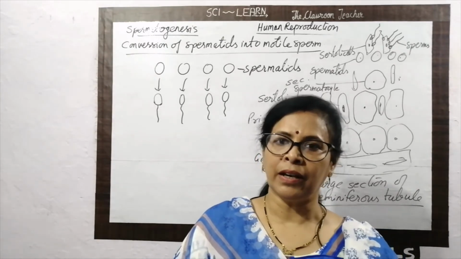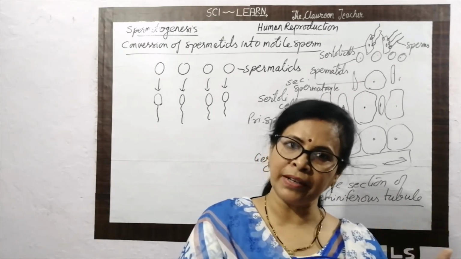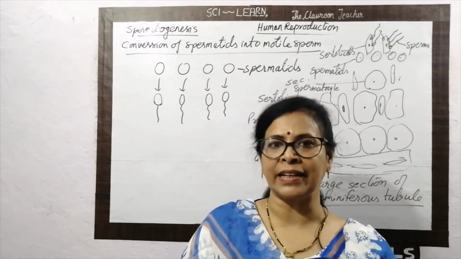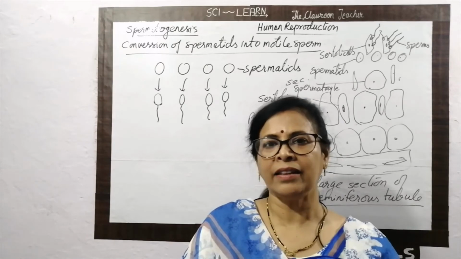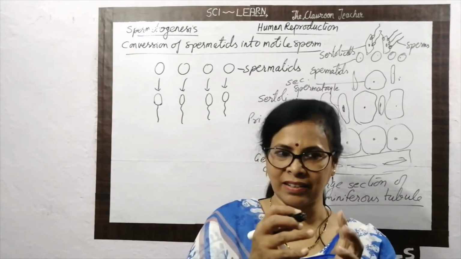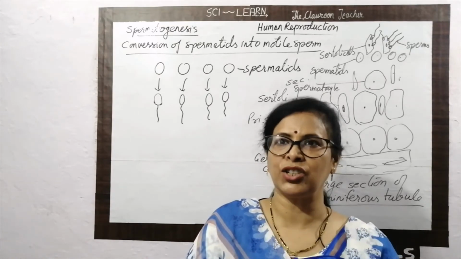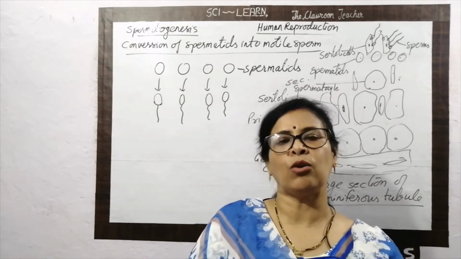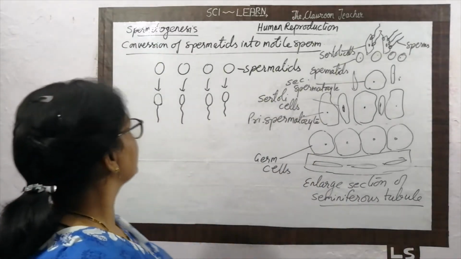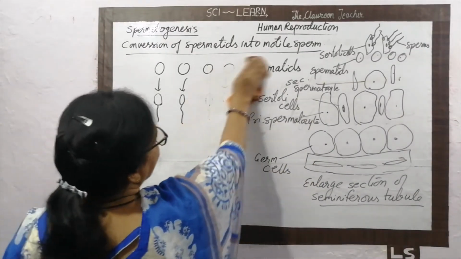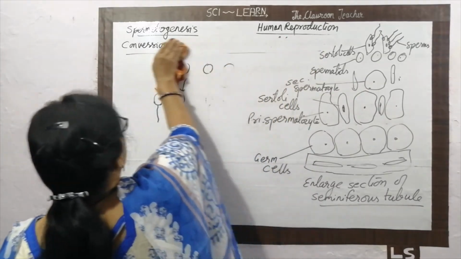So when the spermatid gets converted into sperm, that sperm is embedded inside the Sertoli cell. And when the sperm is released after maturation, it is released from the Sertoli cell.